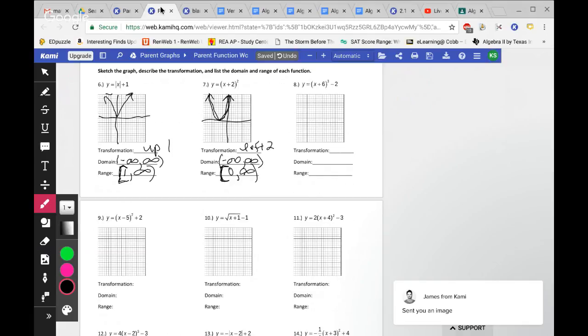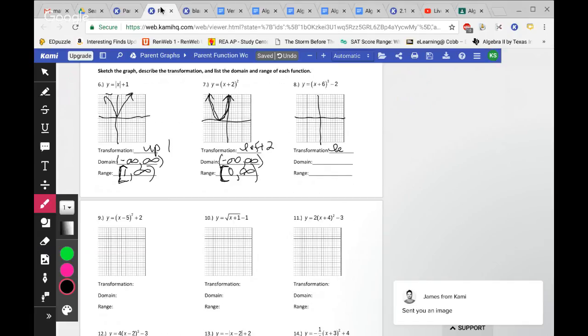The next one's cubic, right? Yes. So what's that major turning point? Where is it going to be? What's the transformation? I'm trying to fill in my graph.